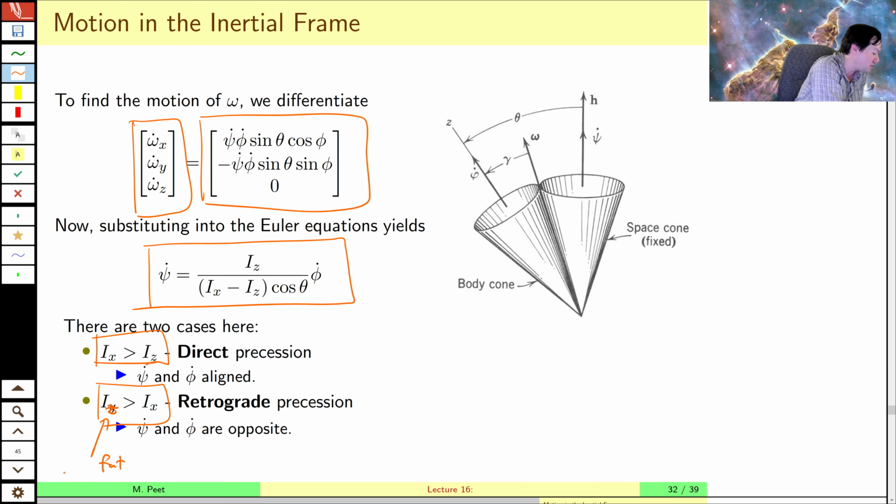Iz is large, so therefore fat. This is the oblate case. Then this term here will be less than 0 in the oblate case, and will be positive in the prolate case, where Iz is small.